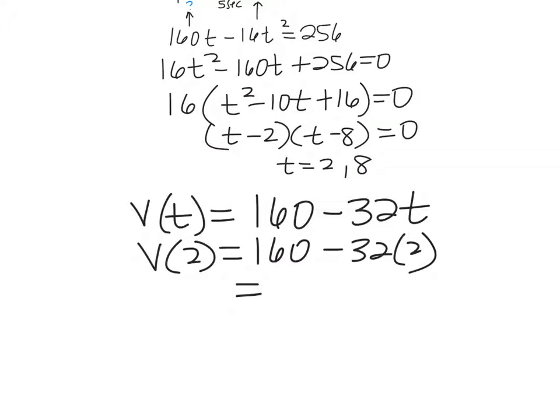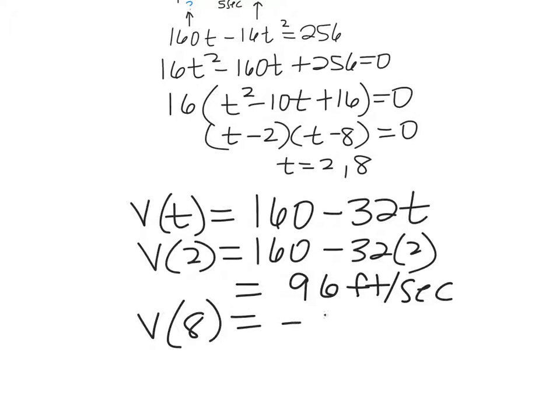You can do that on your calculator, and you get 96 feet per second. And then you find the velocity at 8 seconds, and the velocity is negative 96 feet per second. So that would be the instantaneous velocity.